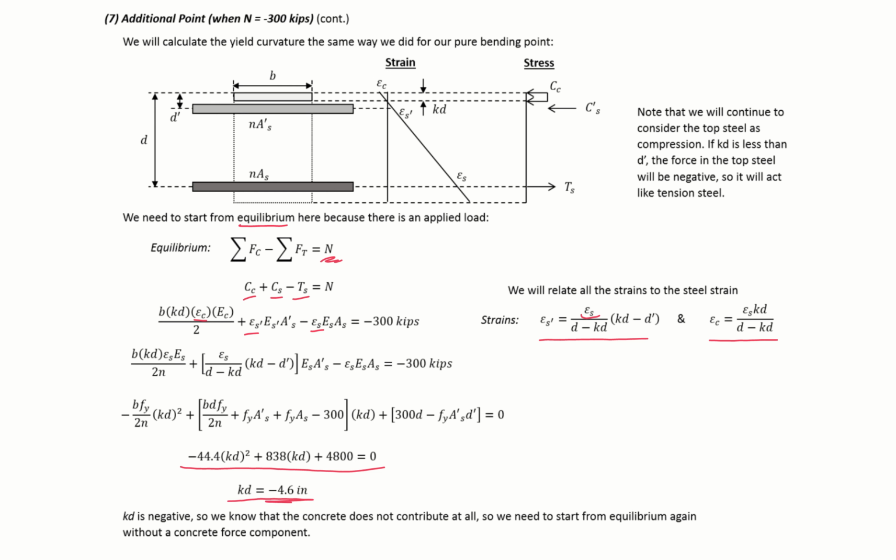And here we see that our KD is actually negative, so our KD falls above the cross-section. So that means that the entire section is going to be in tension. Because the entire section is in tension, we need to neglect the concrete component. So because this is negative, we're going to take out our concrete compression force, and we'll only have compression steel and tension steel contributing to the overall force in our column.